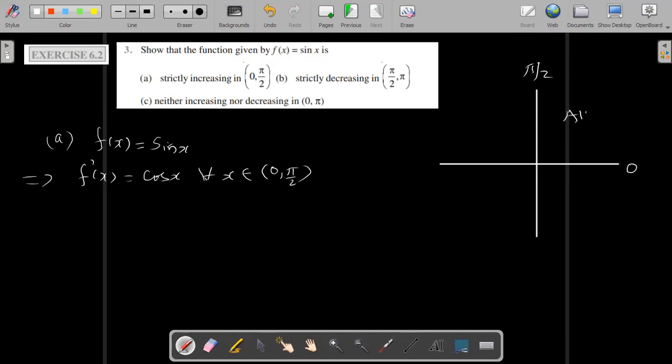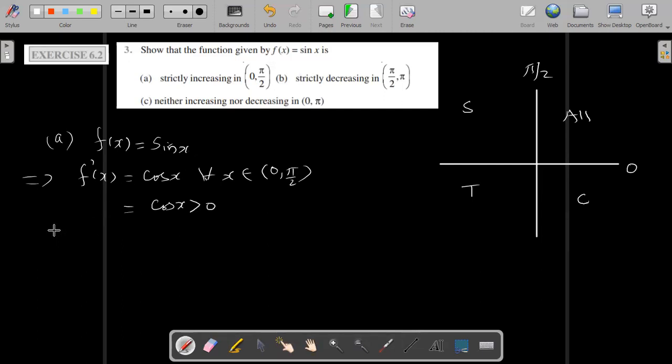Here all are positive. Sine is positive, tan is positive, cos is positive. So therefore in 0 to 90 degrees all are positive. That means cos x is greater than 0. Positive means greater than 0.